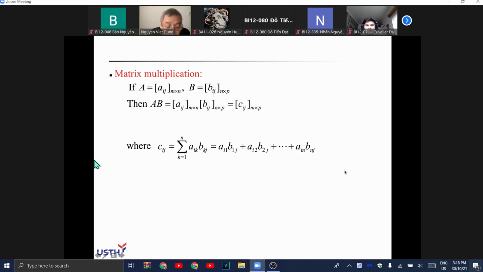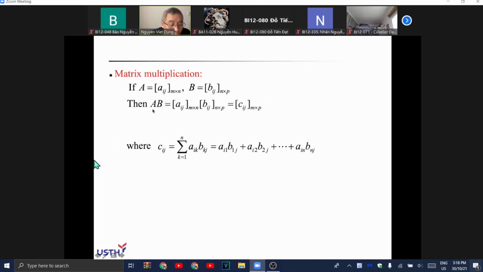The most difficult, and it is very easy for students to make mistakes, is what we call matrix multiplication. So please pay attention to any details on this screen. Suppose that A is an m by n matrix, B is an n by p matrix.